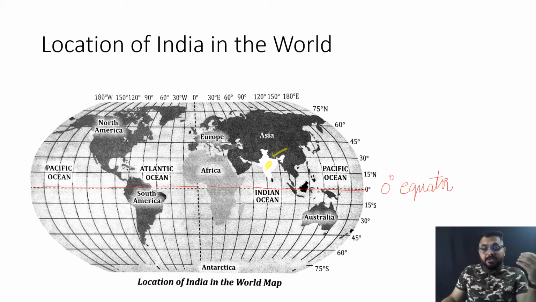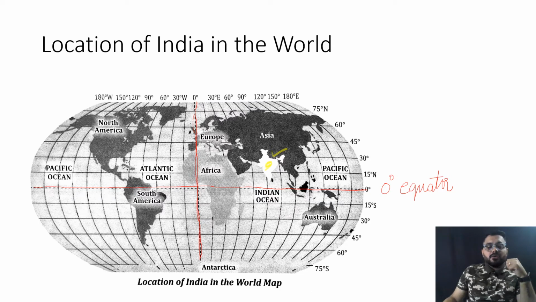The globe can also be divided into two equal halves on the basis of east and west. Here there is a 0 degree line, as you can see. So I'm drawing a longitudinal line, which is dividing the earth into two equal halves again.